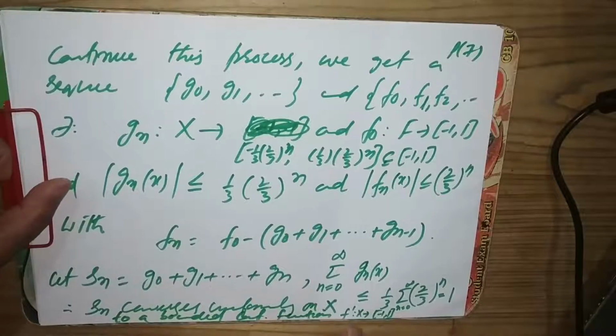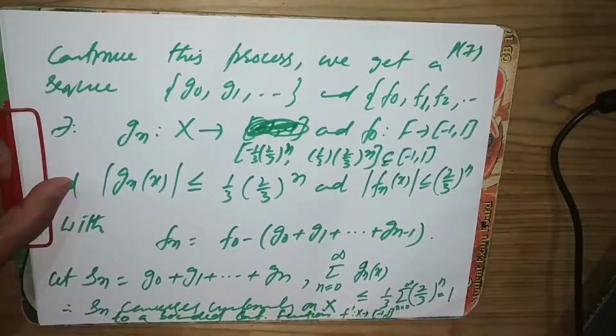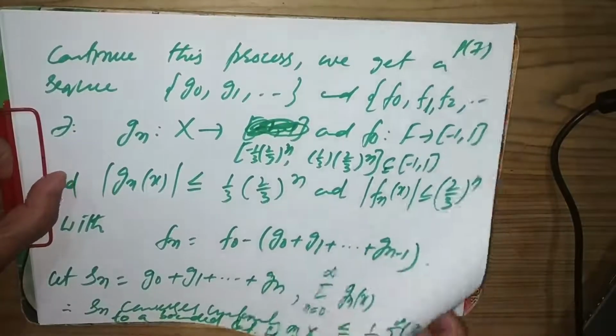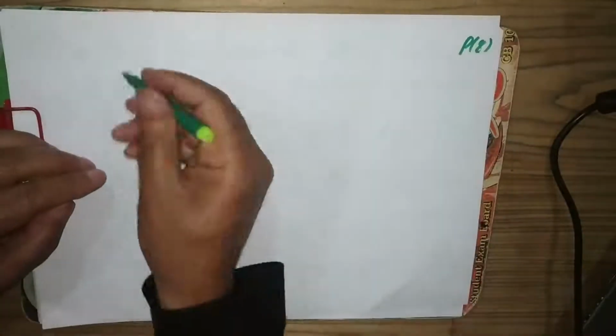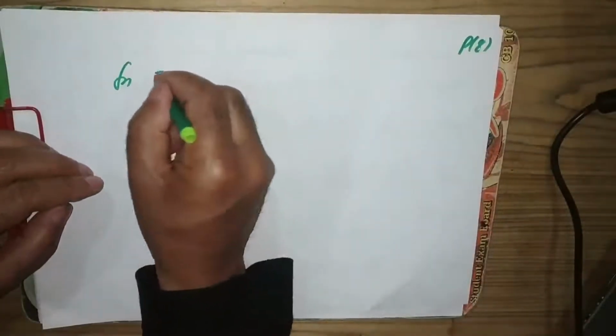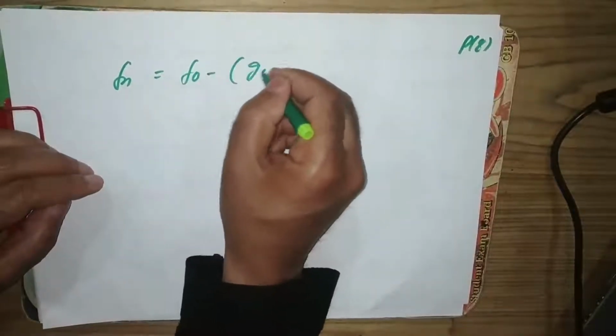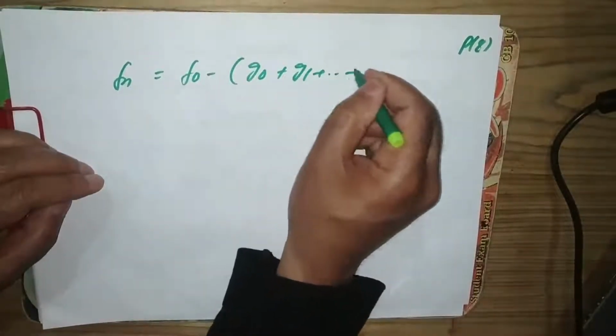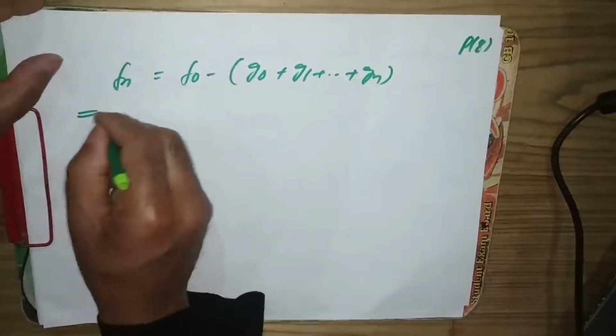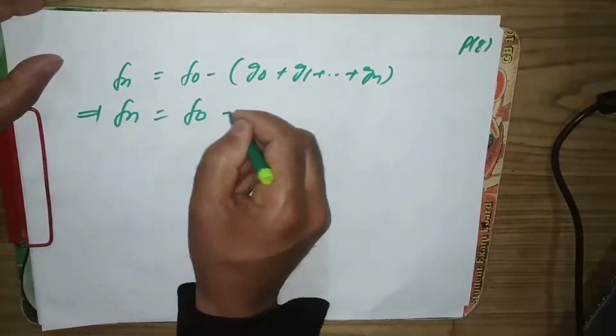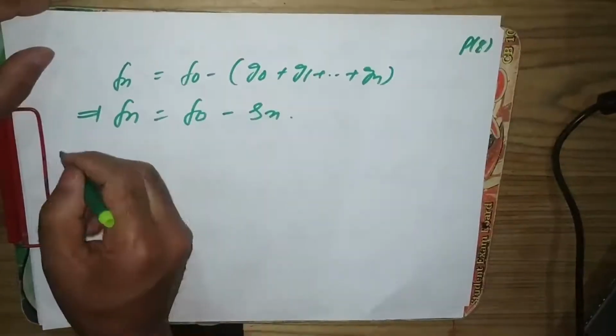And we show that this f' is actually the extension. For this, what's f_n actually? f_n is equal to f_0 minus g_0 plus g_1 plus so on plus g_n. So f_n is equal to f_0 minus S_n.